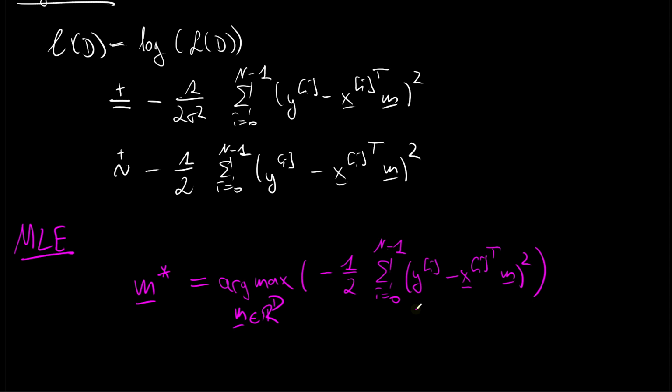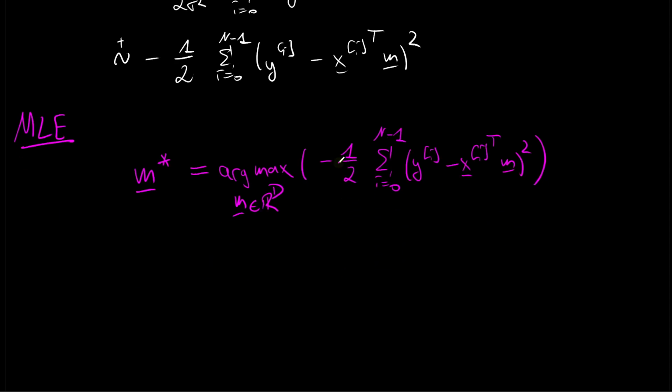And in a similar argument to the one-dimensional case, we can turn this into a minimization by removing this minus sign here. So this is equal to an arg minimization over all m's again from this d-dimensional space.